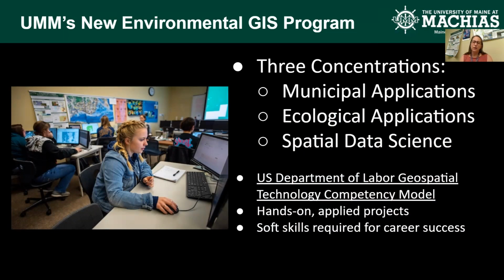I will say that all of our GIS courses are very hands-on, very applied, and that is where GlobalMapper really comes in. And we are linked to the U.S. Department of Labor's Geospatial Technology Competency Model, so our whole program is framed around that.